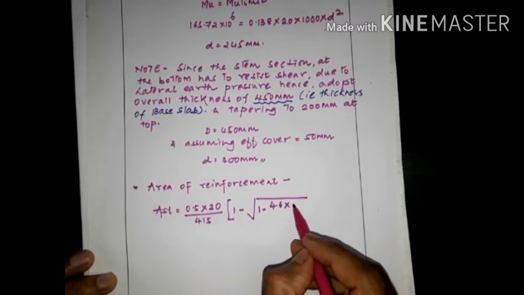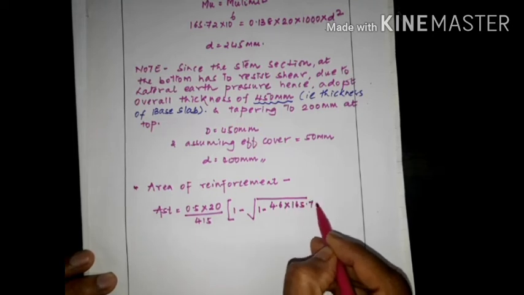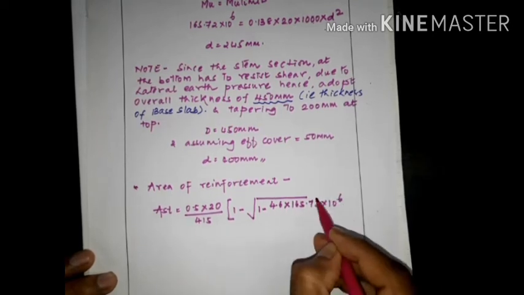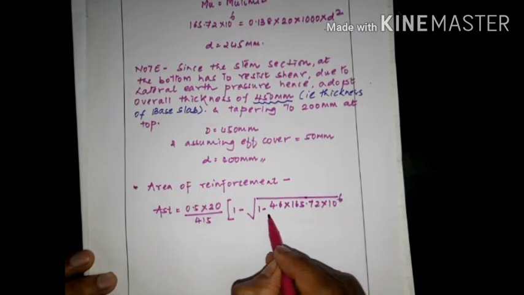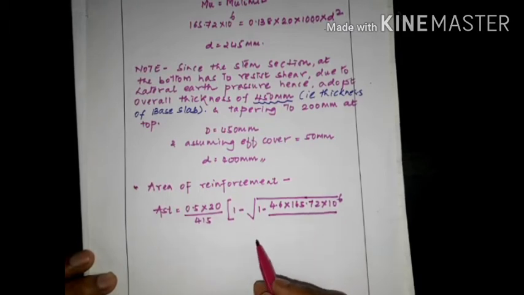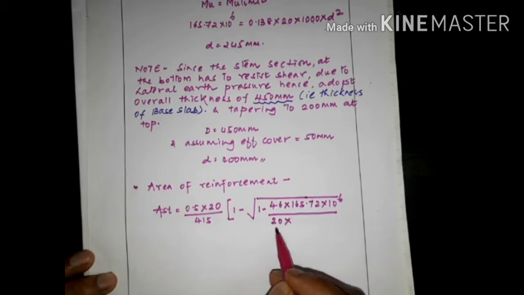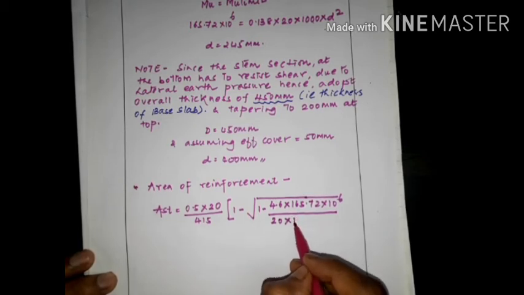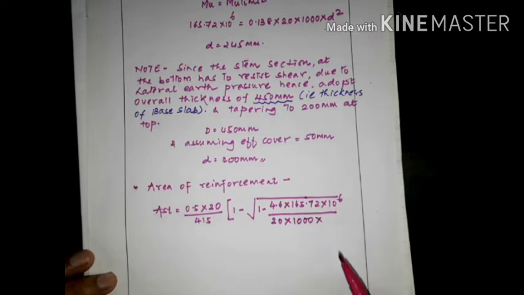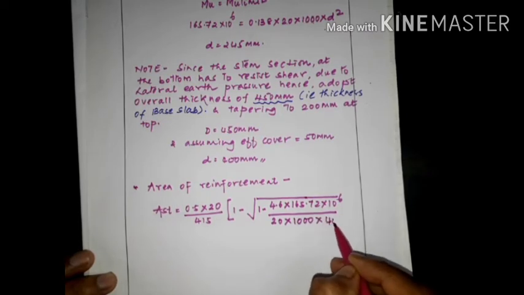Mu is 165.72 into 10 to 6, fck is 20, b for per meter length is 1000 and d is 400.